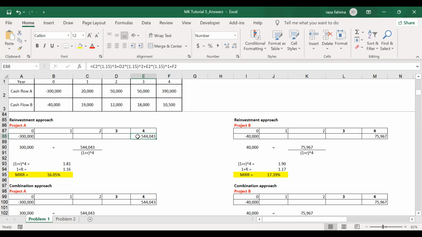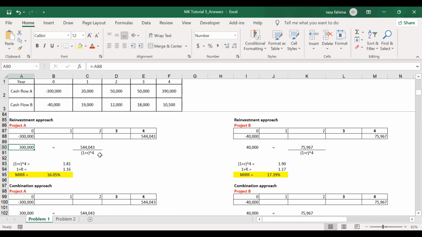544,043. For this reinvestment approach, to get our MIRR, we have to make it equal. The initial investment equals the modified cash flows divided by 1 plus the rate, the MIRR that we are looking for, to the power of 4, since the investment period is 4 years.